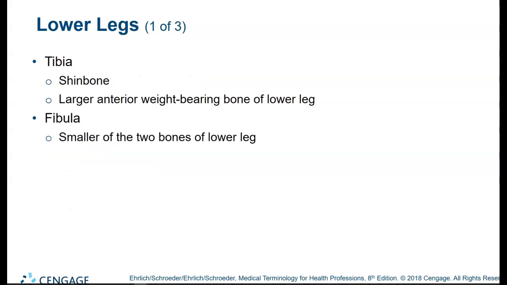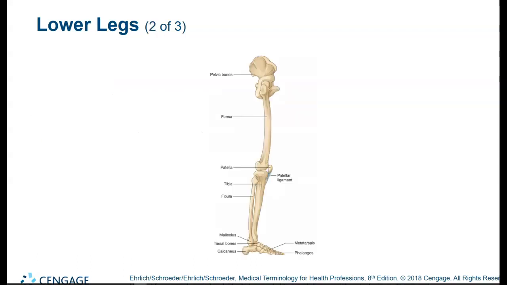The tibia is going to be the shin bone. It's the larger front or anterior bone, and the fibula is the smaller bone. So when we look here, we can see this is the femur, this is our tibia, and the fibula is behind that. Now, as we look at the foot, very much like the hand, we have the phalanges.